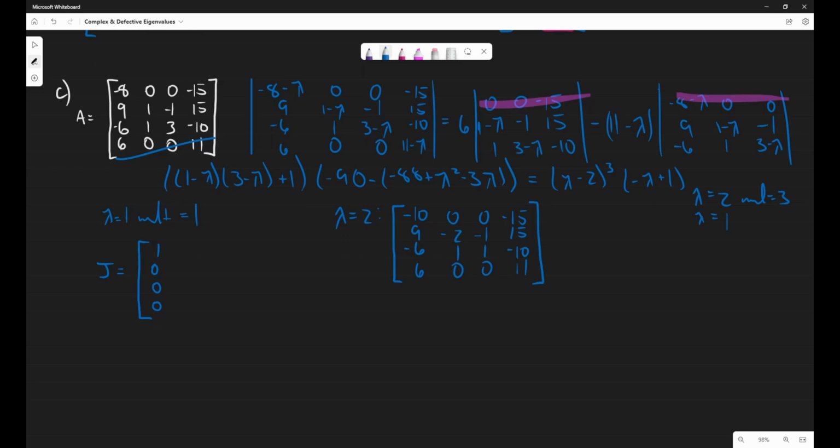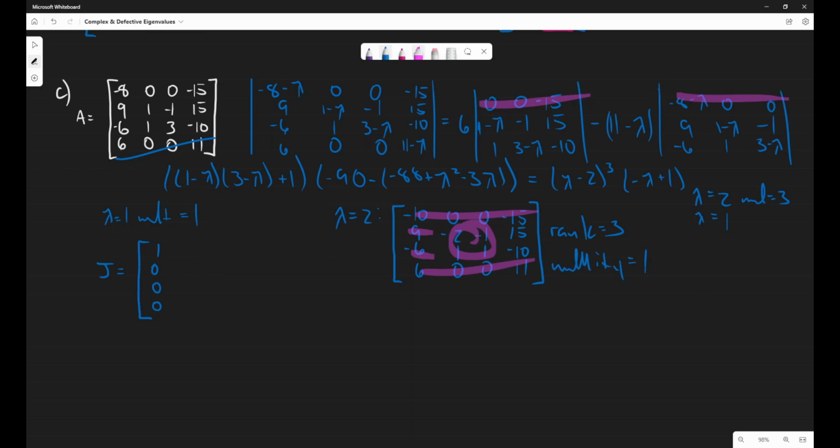For this one, we can see that it is possible for the first row to zero out the last row, but the second and third row look like they can't be zeroed out. For starters, you can't zero out this portion here. So this tells us that we will have a rank of 3 and a nullity equal to 1.